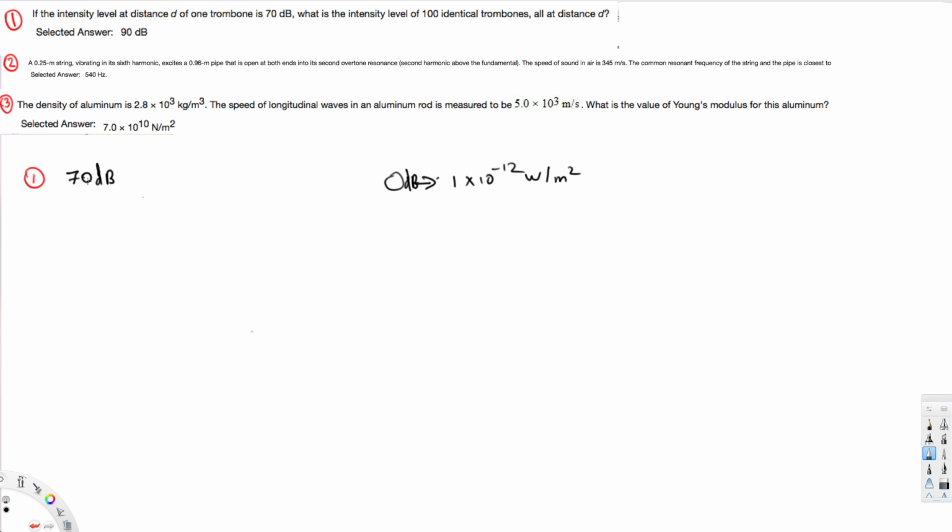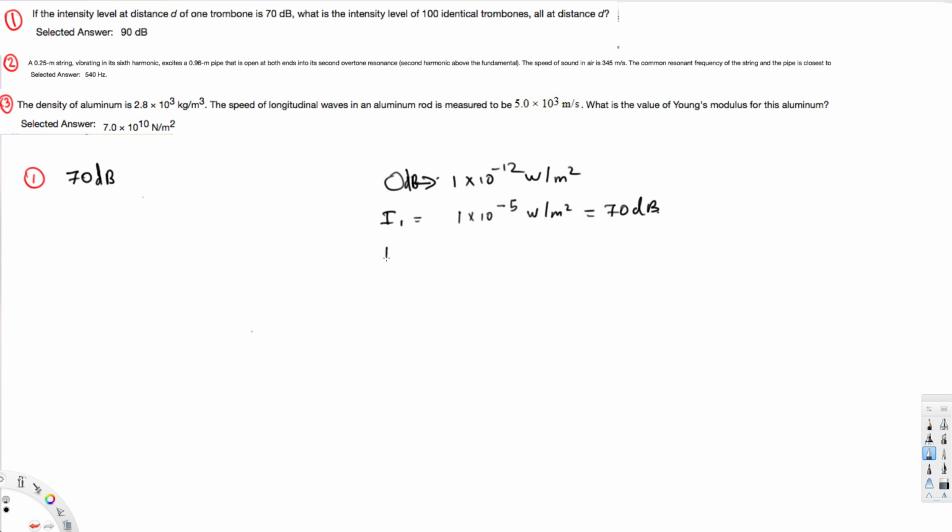To convert to 70 decibels, I just add 7 to this power. So it becomes 1 times 10 to the power of minus 5 watts per meter squared, and this is equal to 70 decibels. That is I1, for one trombone.